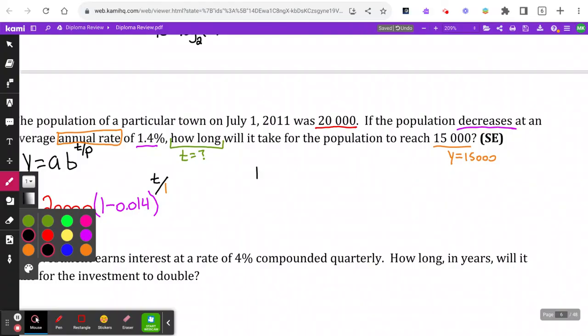My equation is 15,000 equals 20,000 times 0.986 to the power of x or t. T divided by 1 is just t.